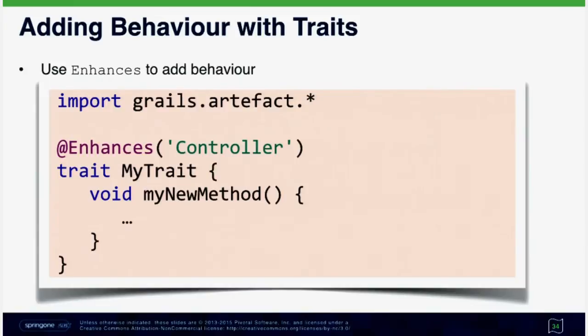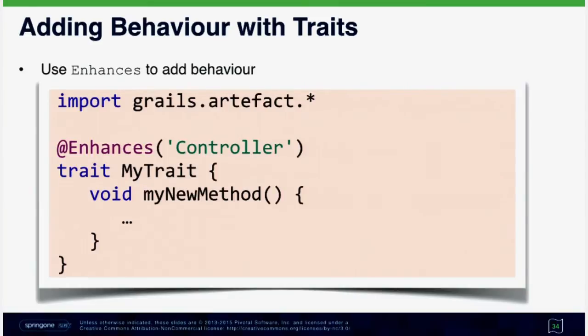And the other thing is how it's now possible to, and again, this is something I'll be covering a lot more in my talk tomorrow, compose behavior and add additional behavior to classes in Grails 3 via traits. There is an @Enhances annotation that you can add to any trait, and you can tell Grails that this trait enhances controllers by using @Enhances("controller").